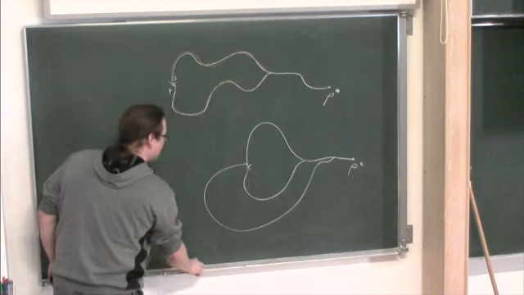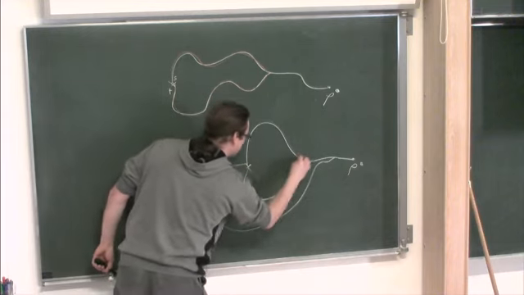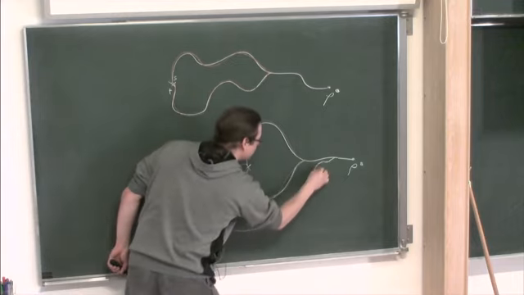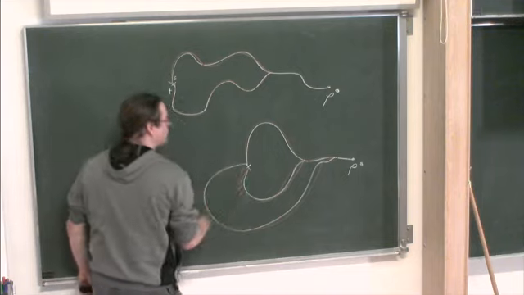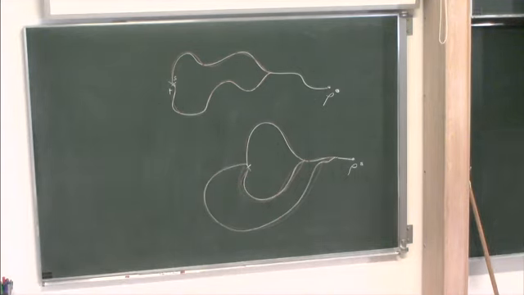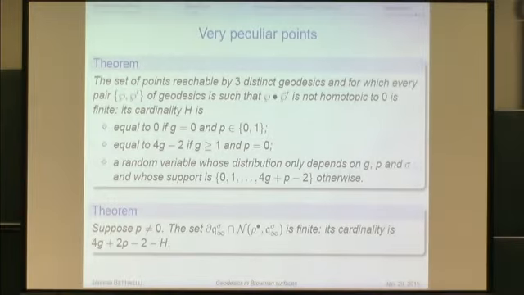And you can look at the points such that this loop is not homotopic to 0, but this loop is also not homotopic to 0, and of course the other one will have the same property. And these points, there is actually a finite number of such points. And we can compute the number of such points. Of course, if you look at the sphere or the disk, you don't have any points like this, so that's not interesting.